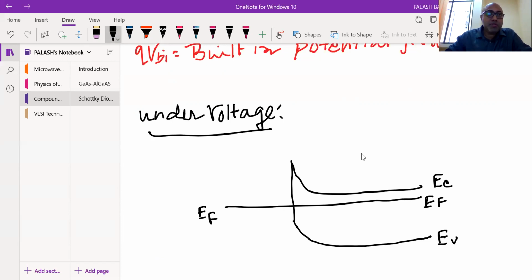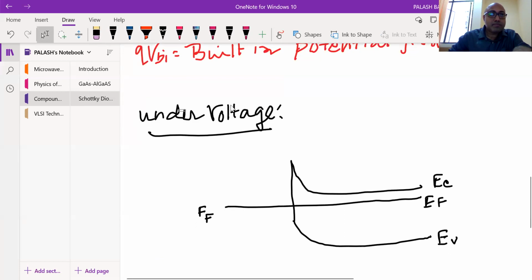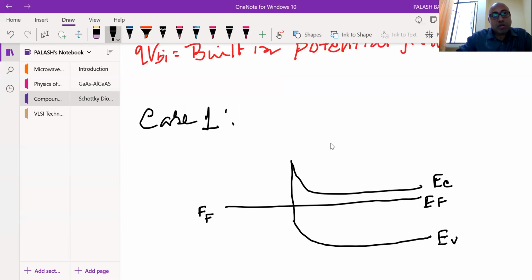Now, what I am trying to tell you, I have to write something else which is critical. Case 1: Equilibrium.